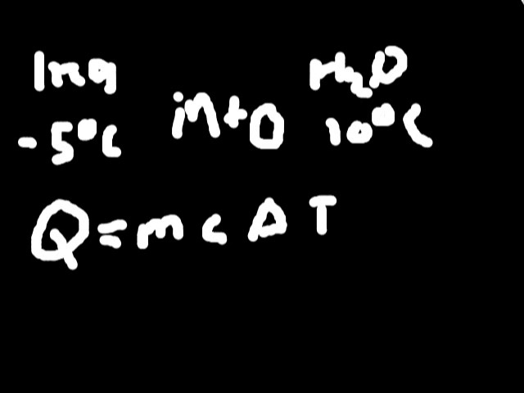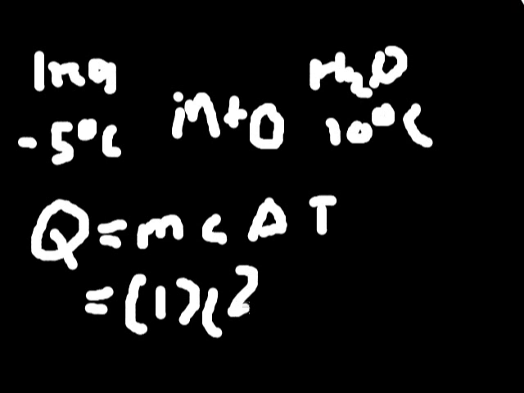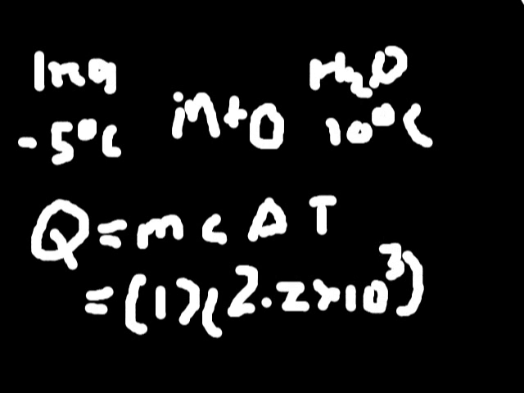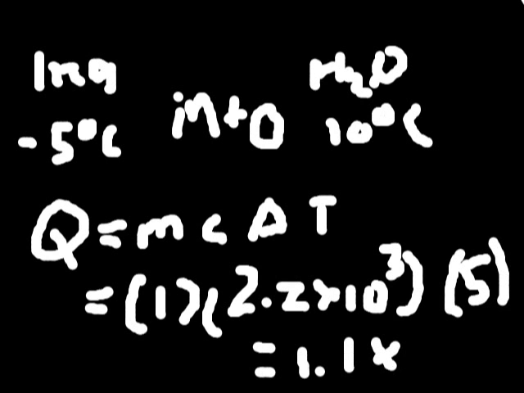If we plug our values in, we get 1 kilogram times the specific heat of ice, which in Celsius is 2.2 times 10 to the 3rd, and it's different from the value we used last time because this is in Celsius, not in Kelvin, times 5 degrees Celsius. And you get something like 1.1 times 10 to the 4th joules.